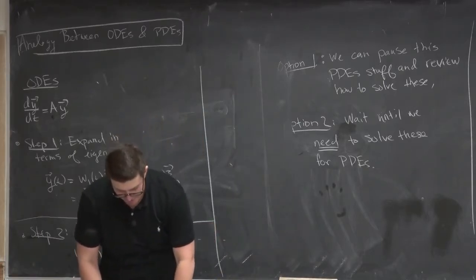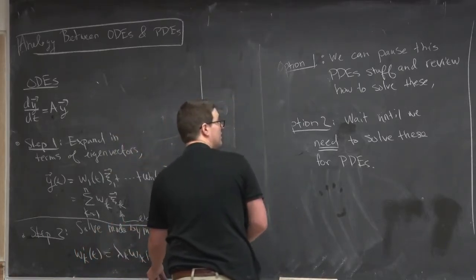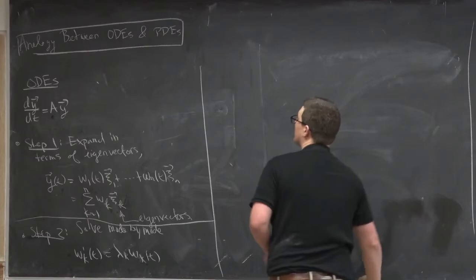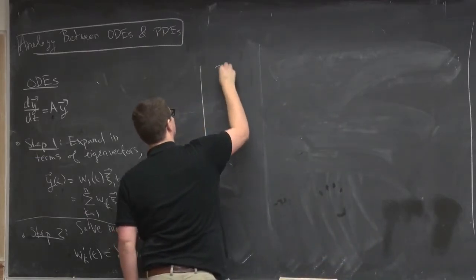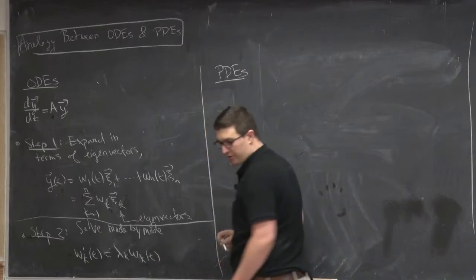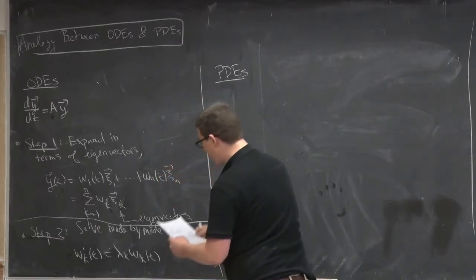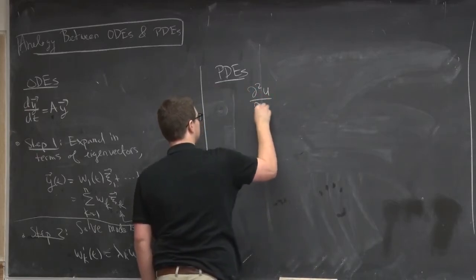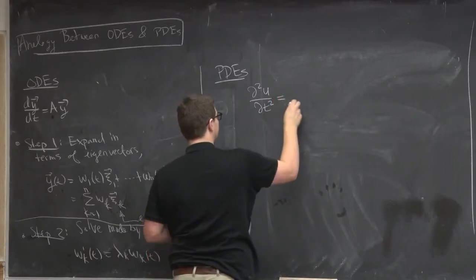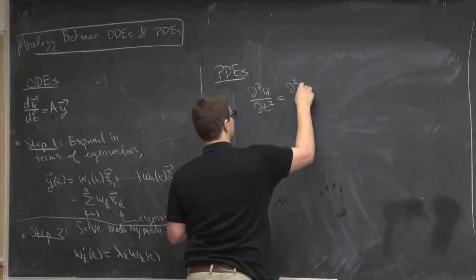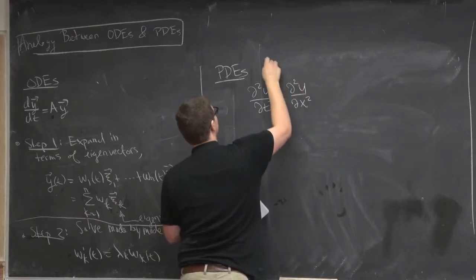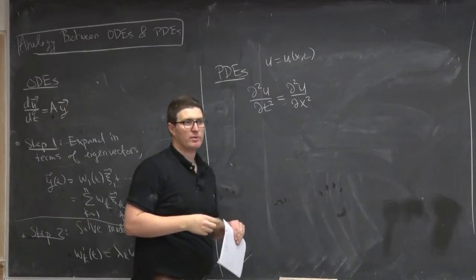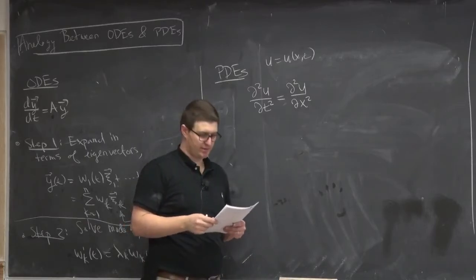All right, and so for our PDE, this was our particular PDE: d squared u/dt squared is equal to d squared u/dx squared, where u is a function of x and t. And this was a simplification of the wave equation, with the constants equal to 1.